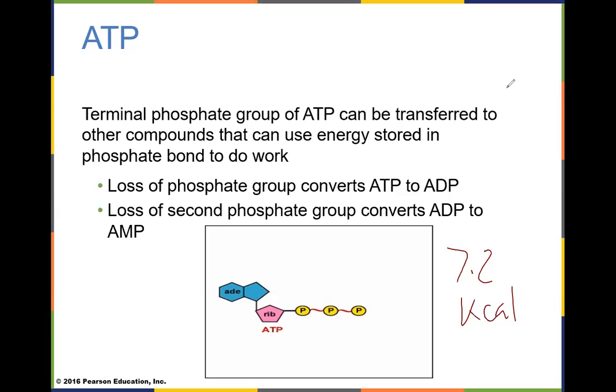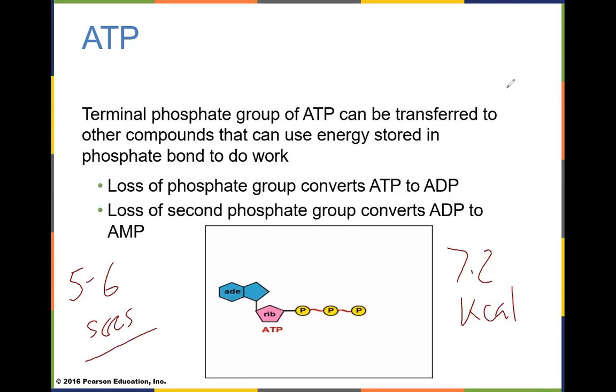The problem is that that ATP molecule will only last between 5 and 6 seconds, and then it breaks apart. So we make it and we have to use it right away. We can't store energy in ATP. We use it to transfer energy to a muscle cell so the muscle can contract, or a nerve cell so the nerve cell can generate a nerve impulse, or we use it to pump things across our cell membranes in active transport.